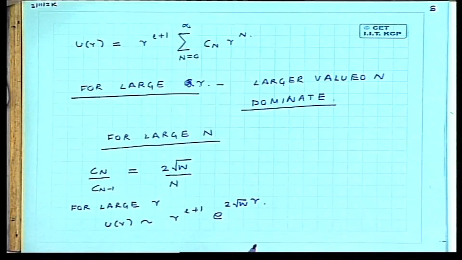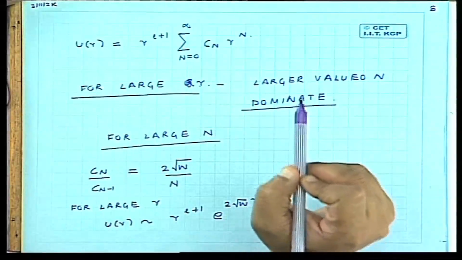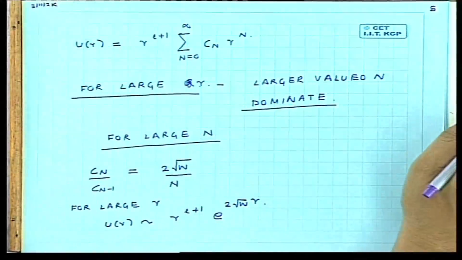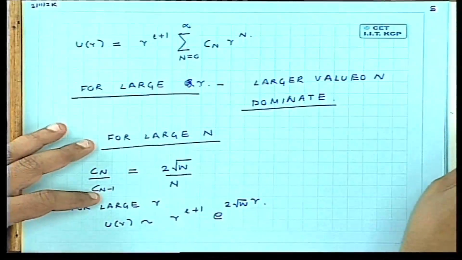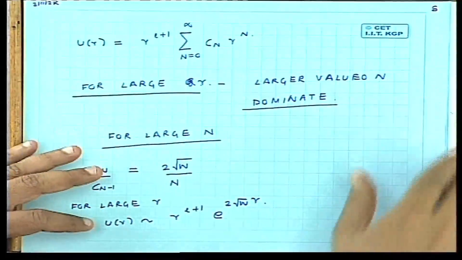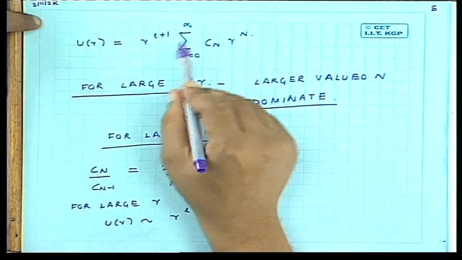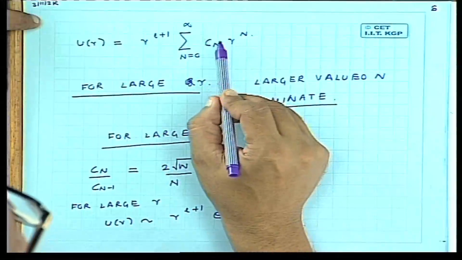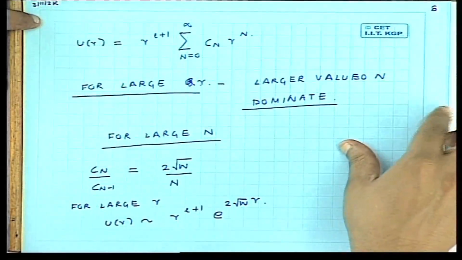We found that unless the series stops beyond a certain value n, the resultant wave function is going to diverge, it will blow up. So the series expansion has to terminate at a certain value of n, and the coefficients of the expansion have to disappear for all larger values of n.